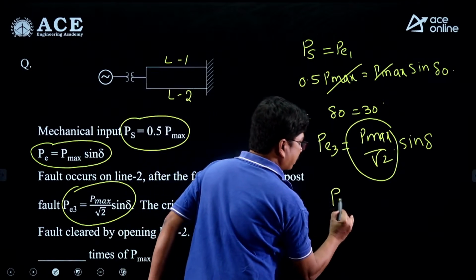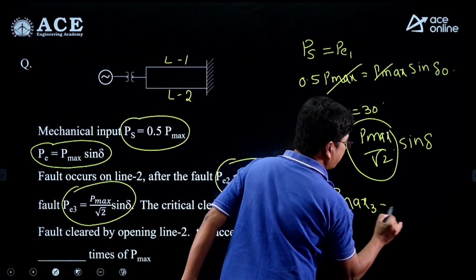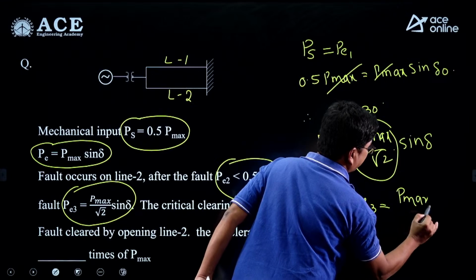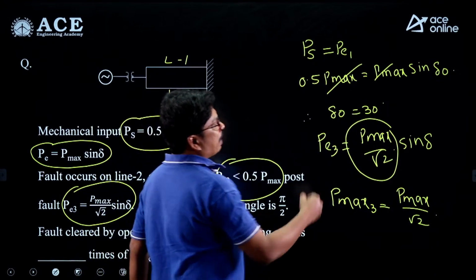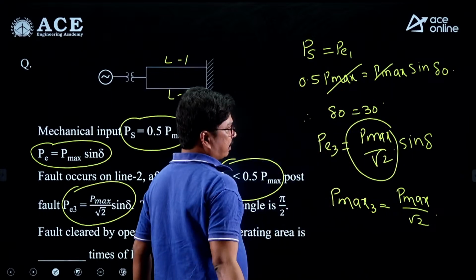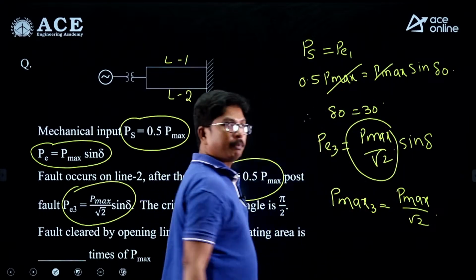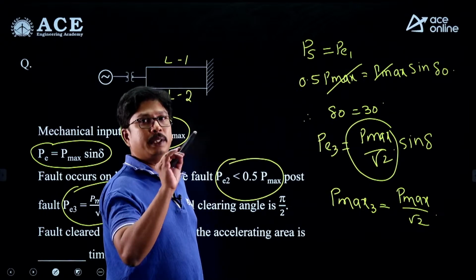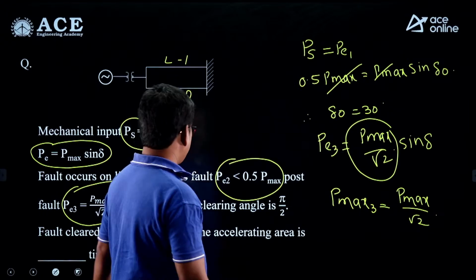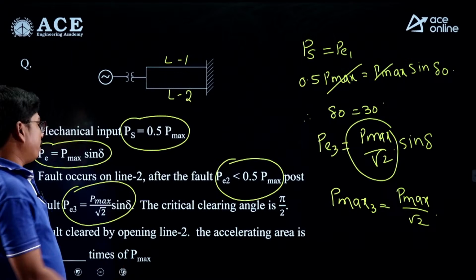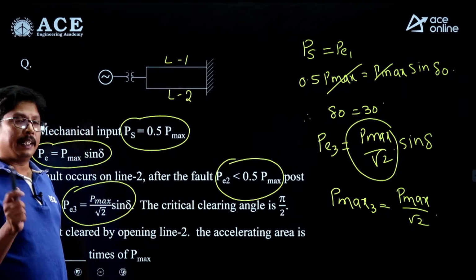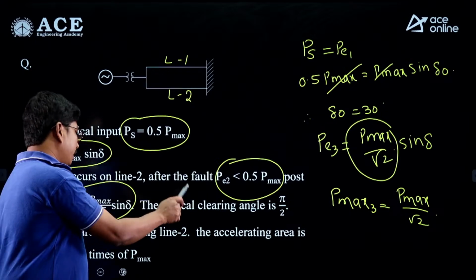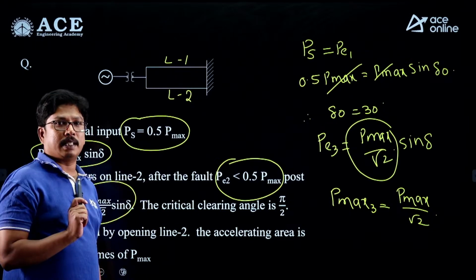Therefore, Pmax3 is equivalent to Pmax divided by root 2. So we have Pmax1 in terms of Pmax and Pmax3 in terms of Pmax, but we don't have Pmax2 in terms of Pmax. Clear, right? And what they are asking is: the fault is cleared by opening the second line, line 2, what is the accelerating area? The area is dash times Pmax.